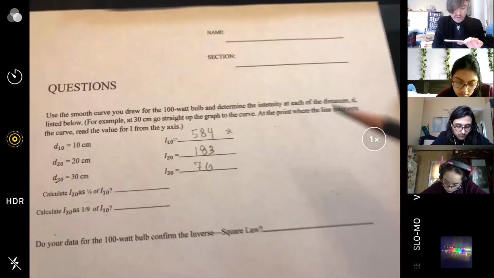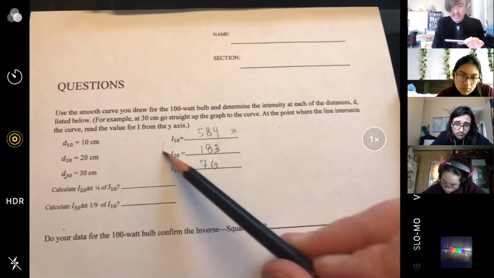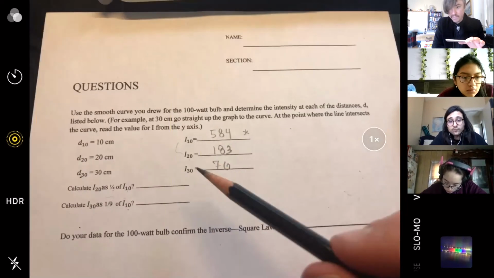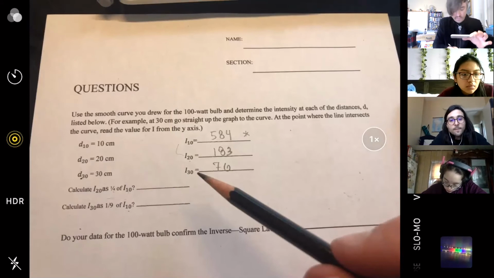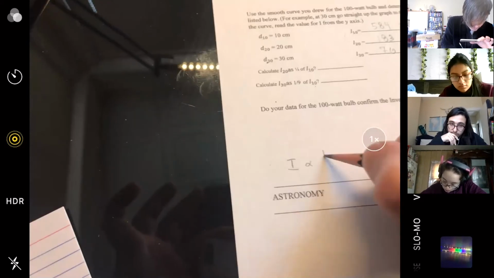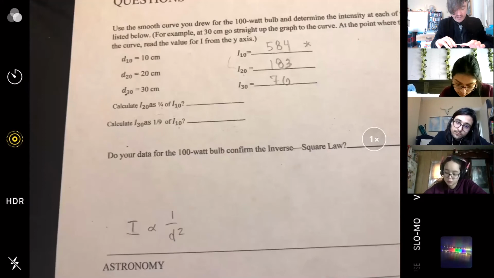If I double the distance, what should happen to the intensity according to the inverse square law? The intensity is proportional to 1 over the distance squared. I've changed the distance by what factor?